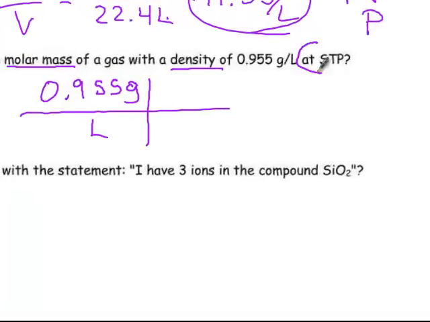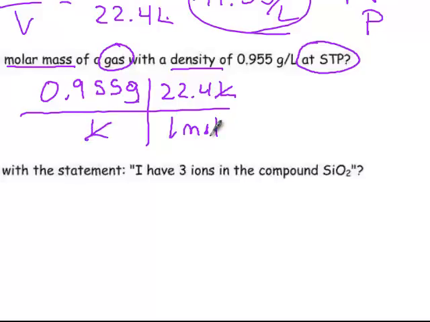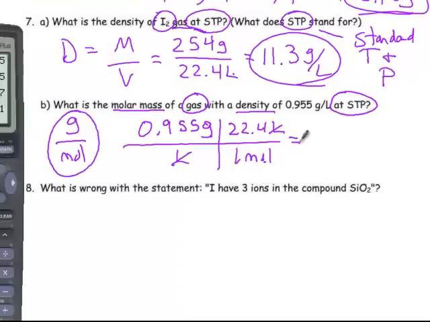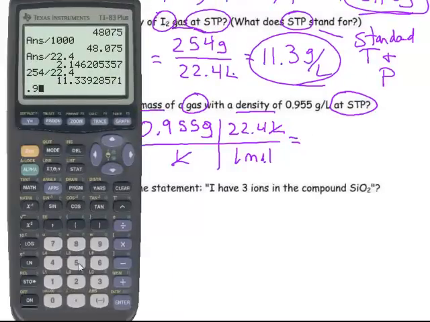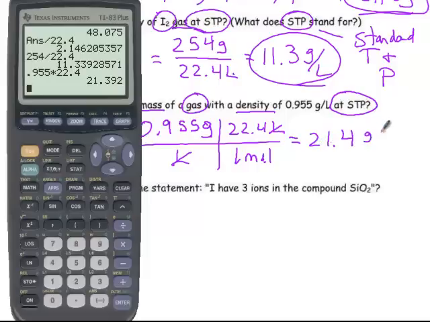Now, this is a gas at STP, so 22.4 liters equals 1 mole. Why did I put that up there? Because liters and liters cancel. I have grams per mole. So 0.955 times 22.4 gives me 21.4 grams per mole.